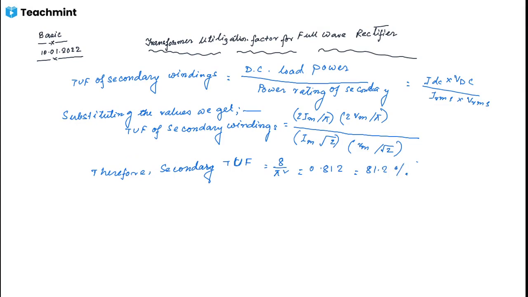As we know, a full wave rectifier consists of two half wave rectifiers working independently and feeding a common load.